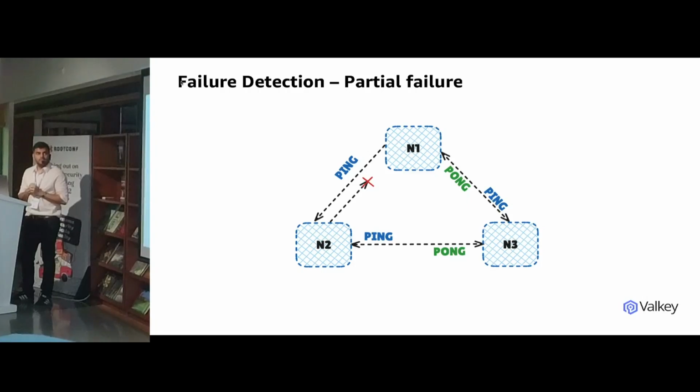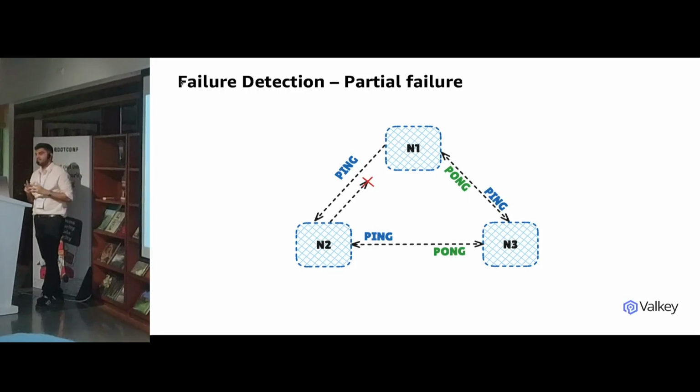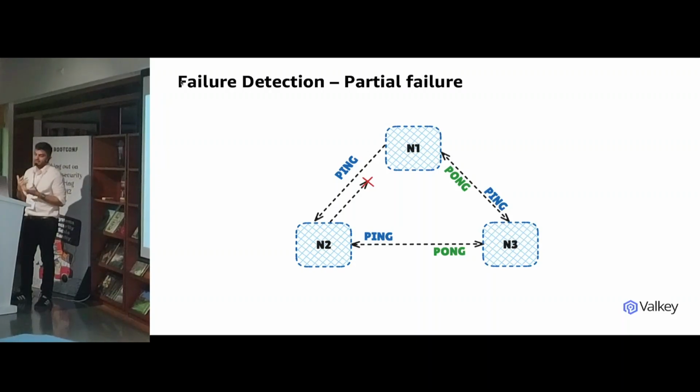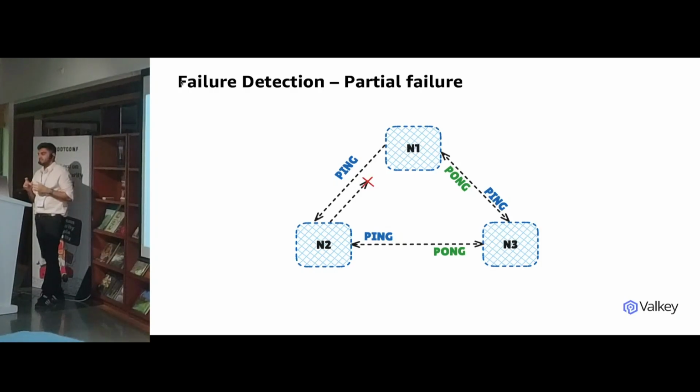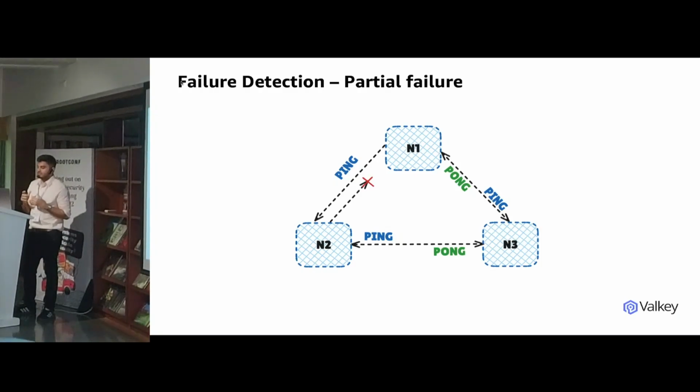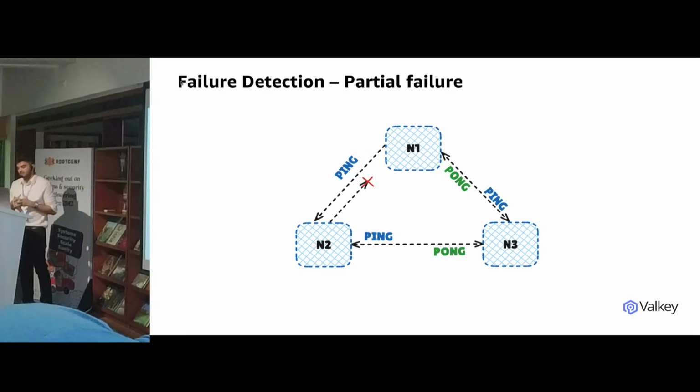So there are two kinds of scenarios. One is partial failure, where the clients are still able to basically perform read and write operations from the node, but there could be some intercommunication issue between the nodes themselves. In this view, the application is still able to handle all of its traffic, and there is no issue as such.